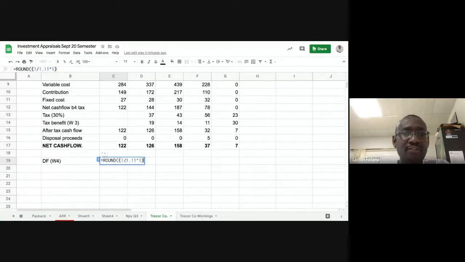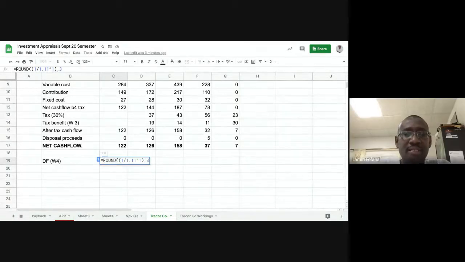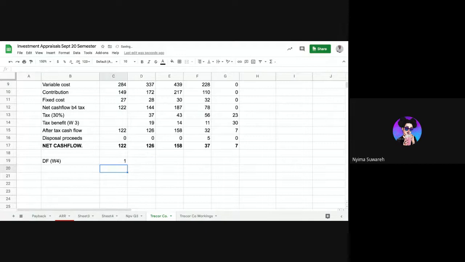That closes the bracket for the formula, but it has not closed the bracket for the round. And we say comma, 3, to 3 decimal places, and close the bracket.